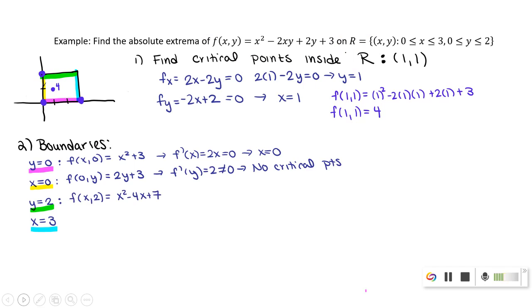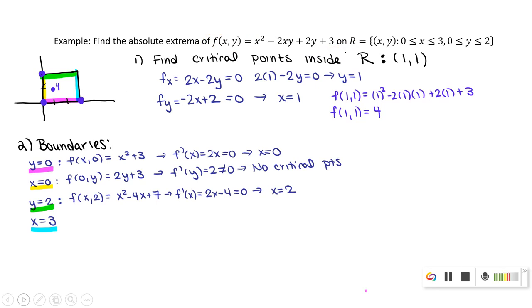And then y equals 2, that's the boundary in green. I'm going to replace all the y's with 2. This equation simplifies down to x squared minus 4x plus 4 plus 3, so x squared minus 4x plus 7.